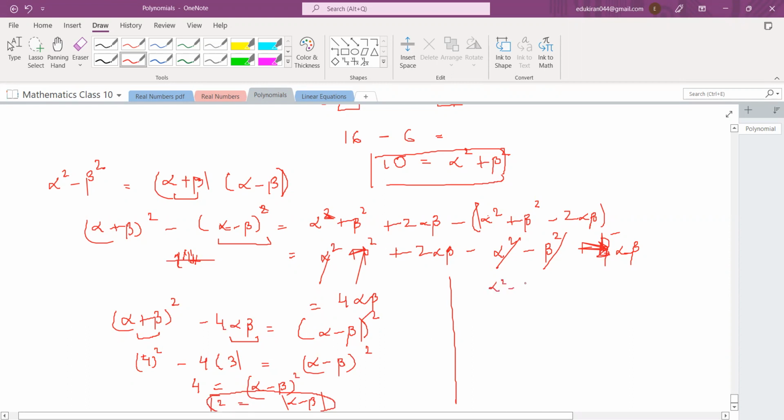So alpha square minus beta square will be equal to alpha plus beta is 4 and alpha minus beta is 2, so this will be equal to 8. Clear? This is again one of the results which can be used in some other part also, so I'll note it down.